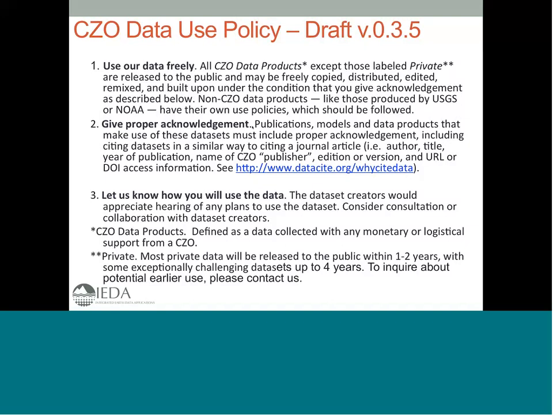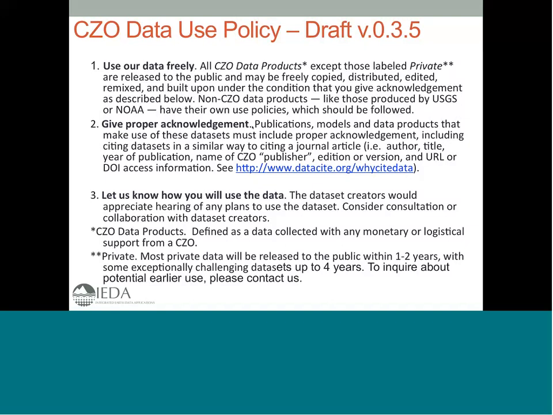And we want to give proper acknowledgement. As you see here, you've heard about DataCite.org and the fact that they now have these recommendations for the minimum amount of attribution that should be given to a data set, and that these are real citations. They're not just fuzzy things like 'I downloaded this from some website', but much more official than that.